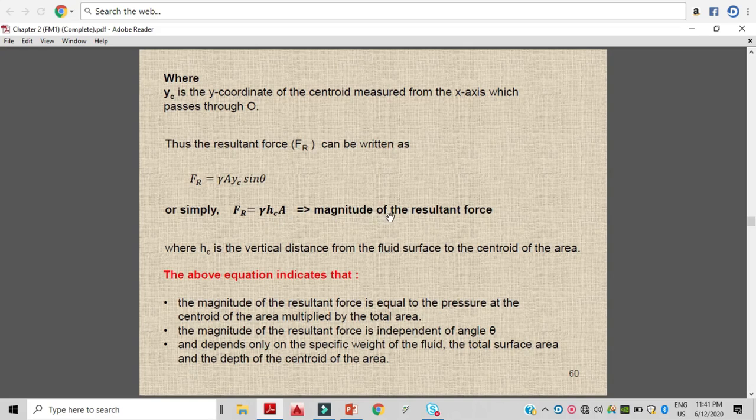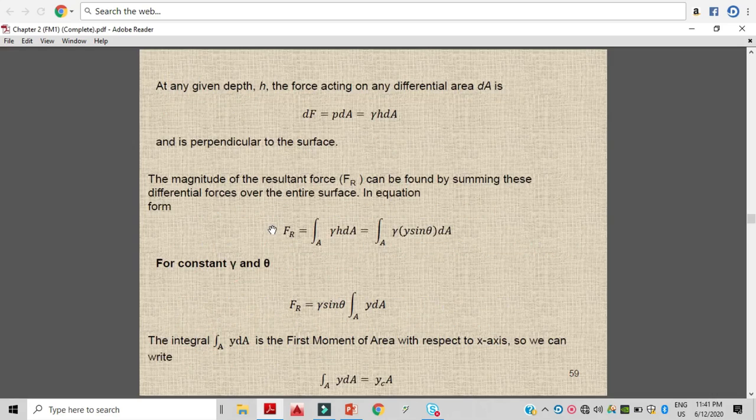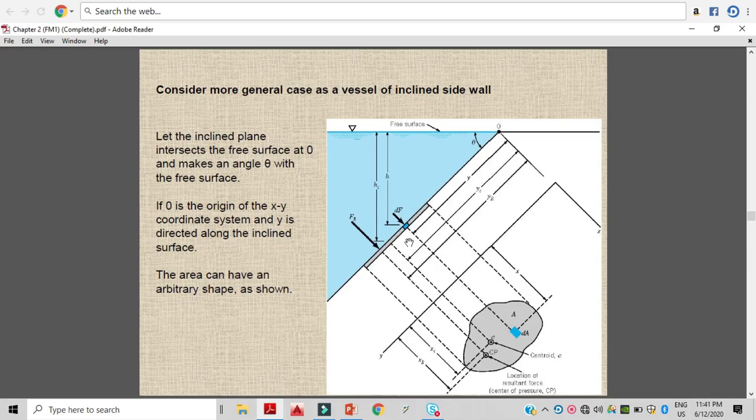So the magnitude of the resultant force will be equal to Fr equals gamma hc A. So we replace yc sine theta with hc. How did it come? From here you can see this is your hc, and the distance from the net resultant force to the x-axis is yc.